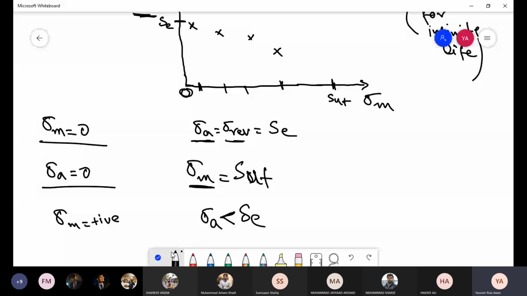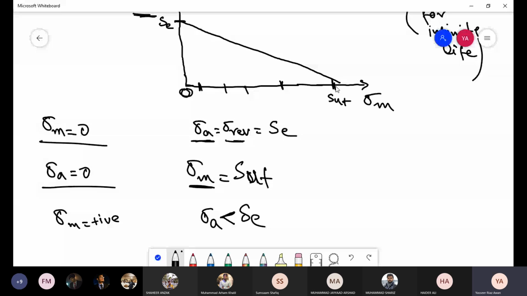So the most crude design limit that we can come up with, without knowing any experimental data, is joining these two points.